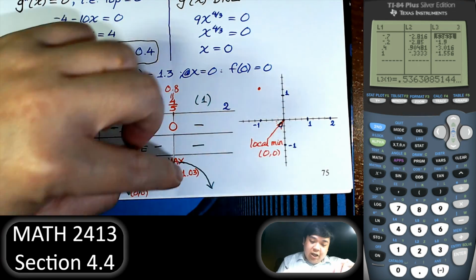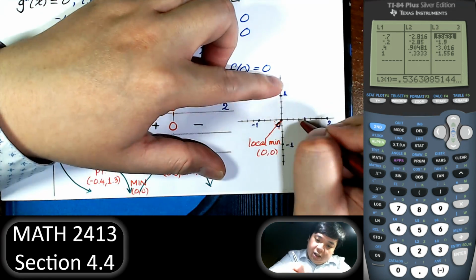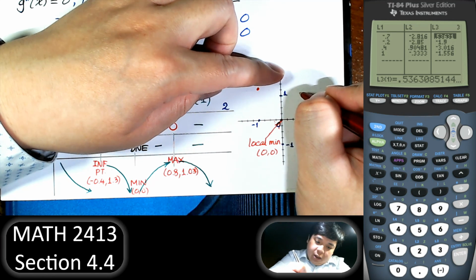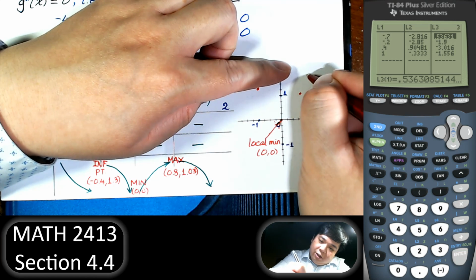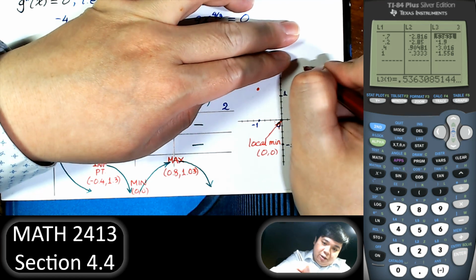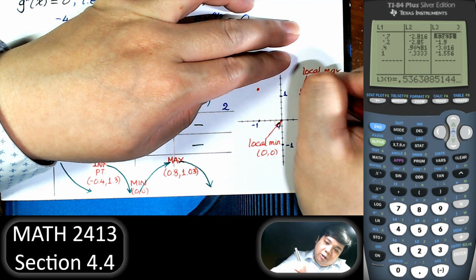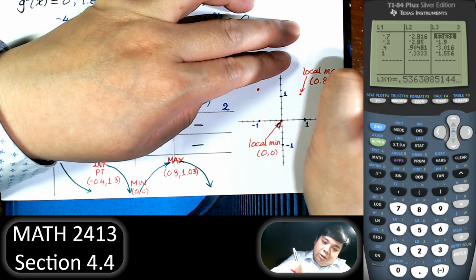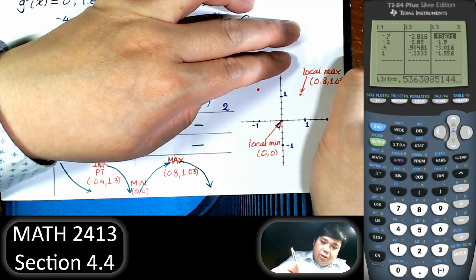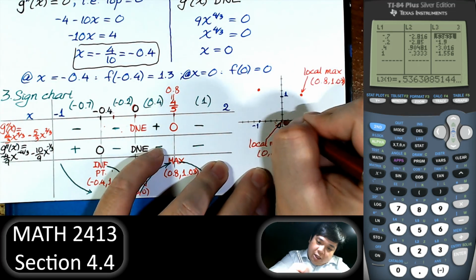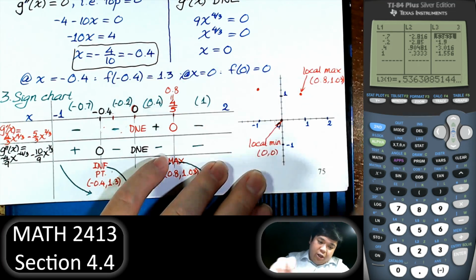And the local max 0.8 and 1.03. So if this point, and inflection point here.